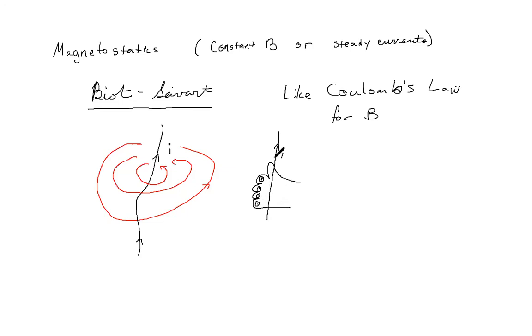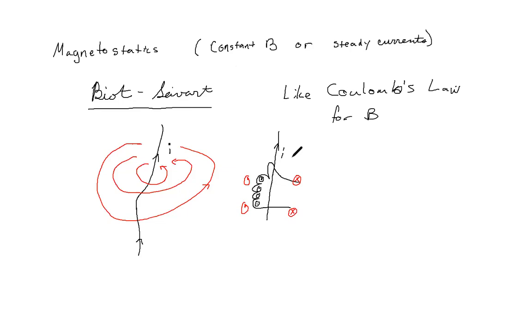So the way that you wrap your fingers around the wire tells you the way that the magnetic field lines will circulate around the wire. The magnetic field lines would look like they are into your eye over here and into the board, or into the screen on the other side. So again, you grab the wire.